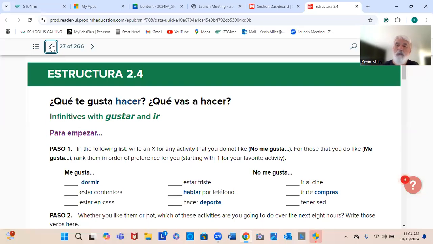So we don't have a huge vocabulary here, but you might just say, me gustan los deportes. I like sports. So be able to talk a little bit about what you like, what your friend likes, be able to describe yourself and your friend. Okay, mi amiga es delgada, or mi amigo es alto y gordo.